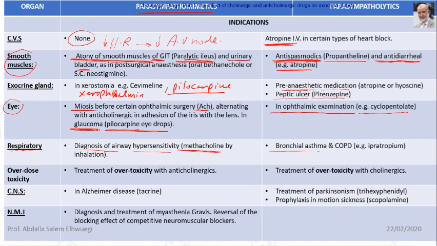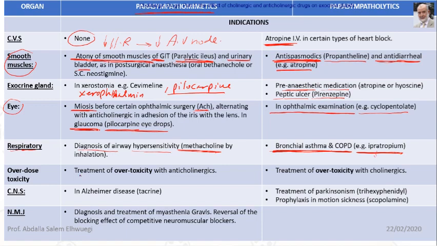Atropine-like drugs produce bronchodilation, therefore they are applied in bronchial asthma and chronic obstructive pulmonary diseases. And we use ipratropium by inhalation. We don't use atropine because ipratropium does not produce inhibition of ciliary movement and does not produce dryness of bronchial secretion.